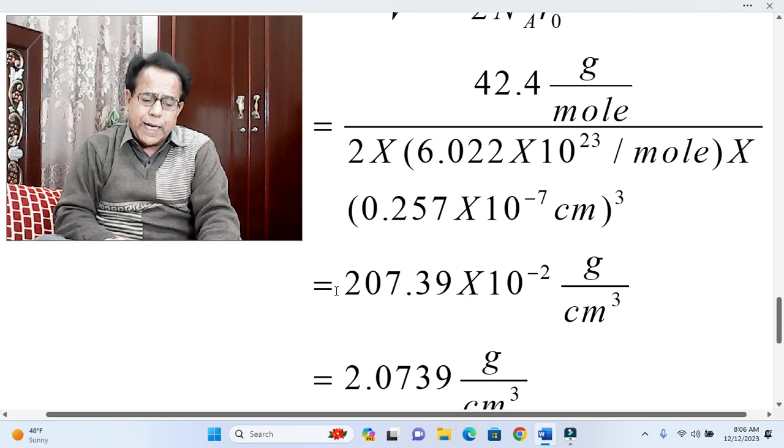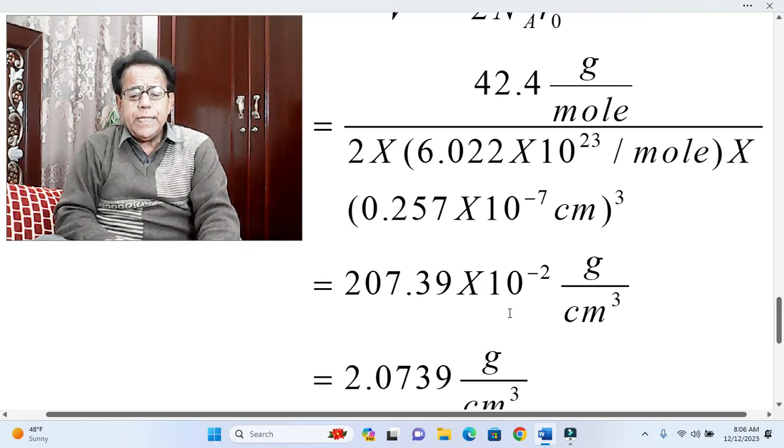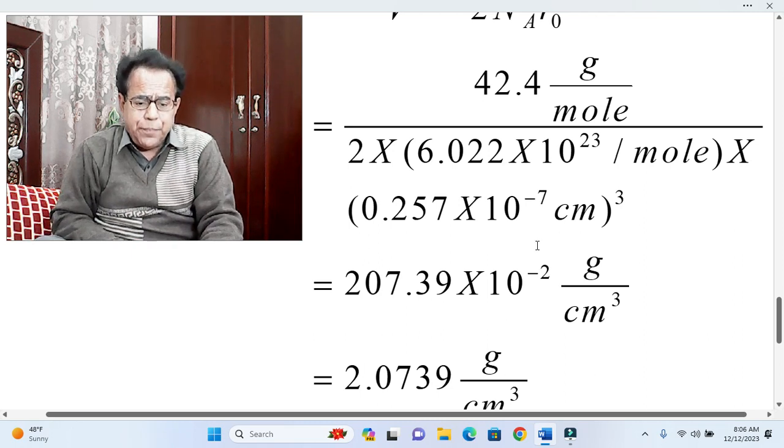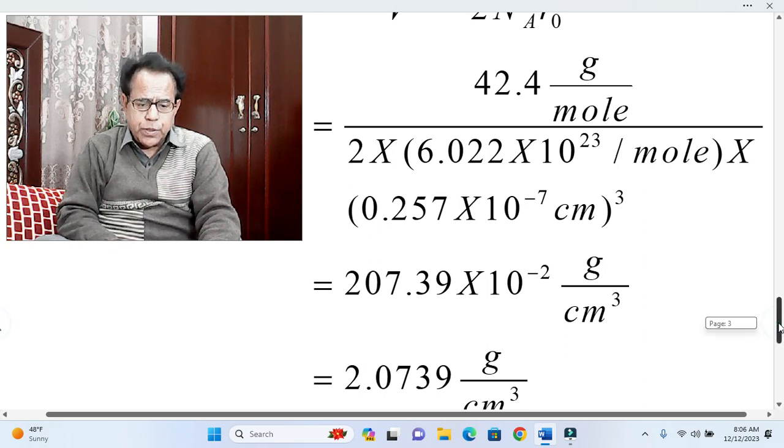So our expression has been reduced to 207.39 into 10 raised to the power minus 2, because 10 raised to the power plus 2 is in the denominator. 23 minus 21 equal to 2, but when 10 raised to the power 2 is shifted to the numerator it becomes minus 2, gram per centimeter cube.